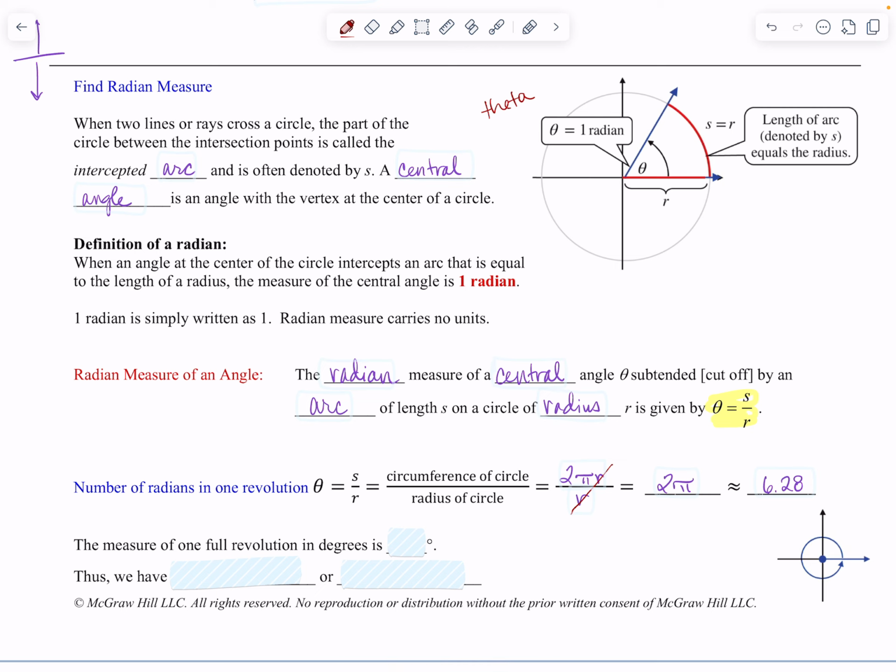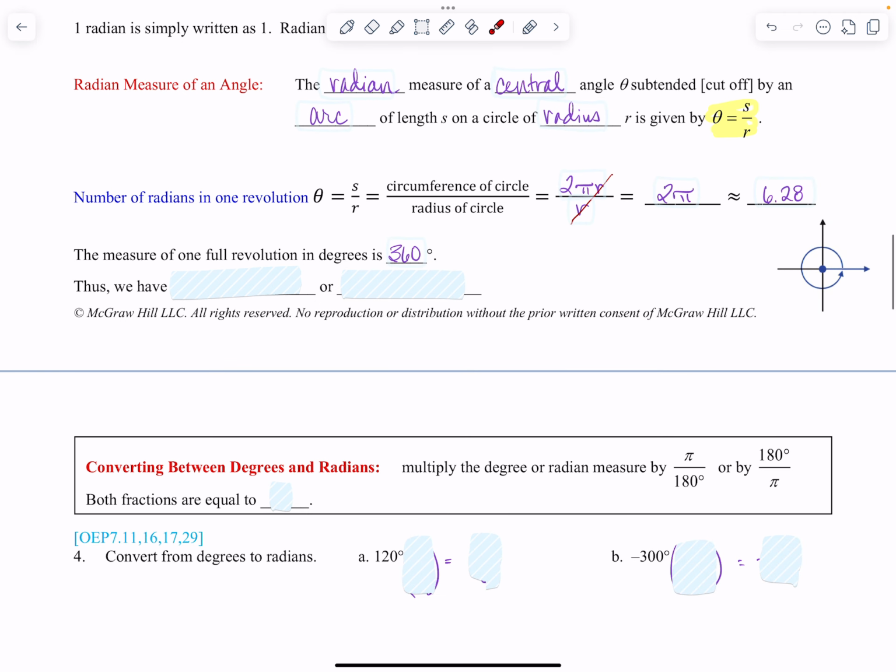0.28. So then we can say that in one full revolution of a circle, the radian measure of the entire circle is going to be 2 pi radians. Now, we know that the measure of one full revolution in degrees is 360 degrees.